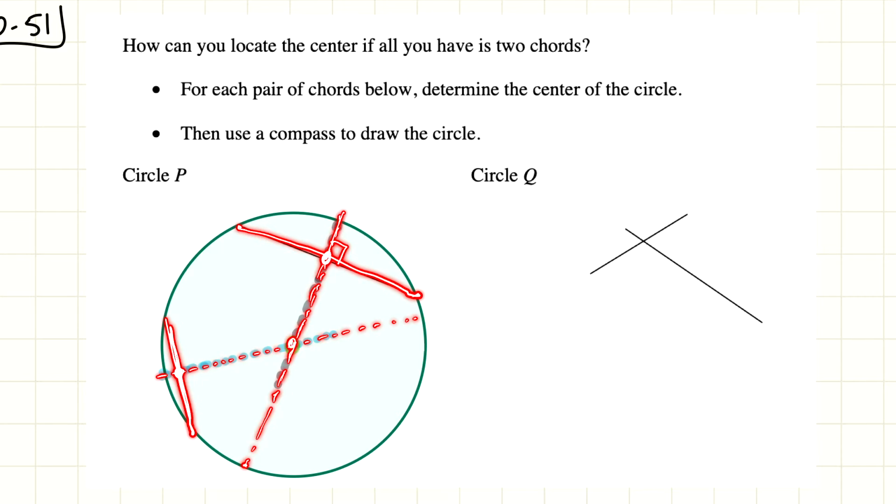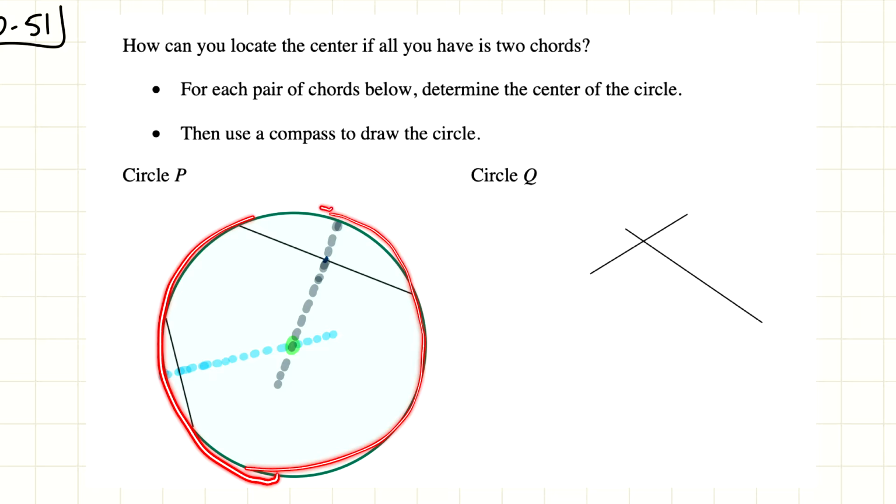You should notice there's an intersection point. So these lines actually intersect right at the center. I identified the center, and then I drew a circle with that as a center. And you should notice the circle crosses all the endpoints of those chords.